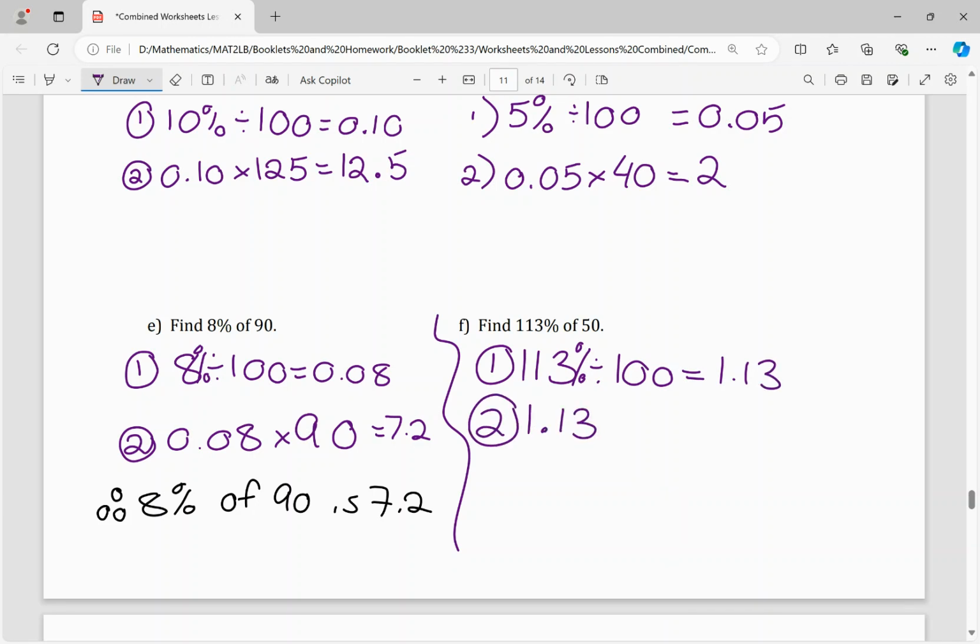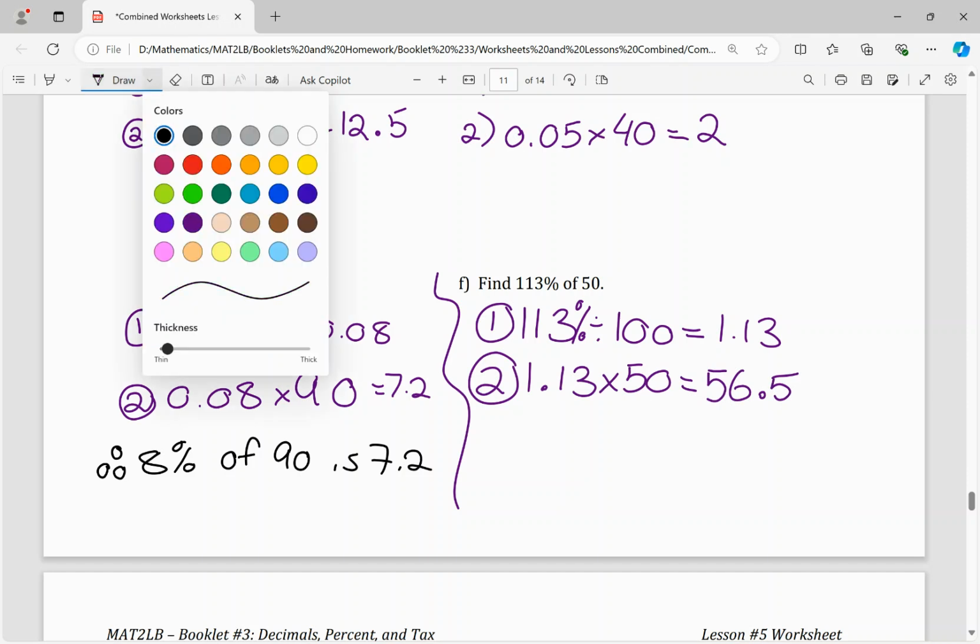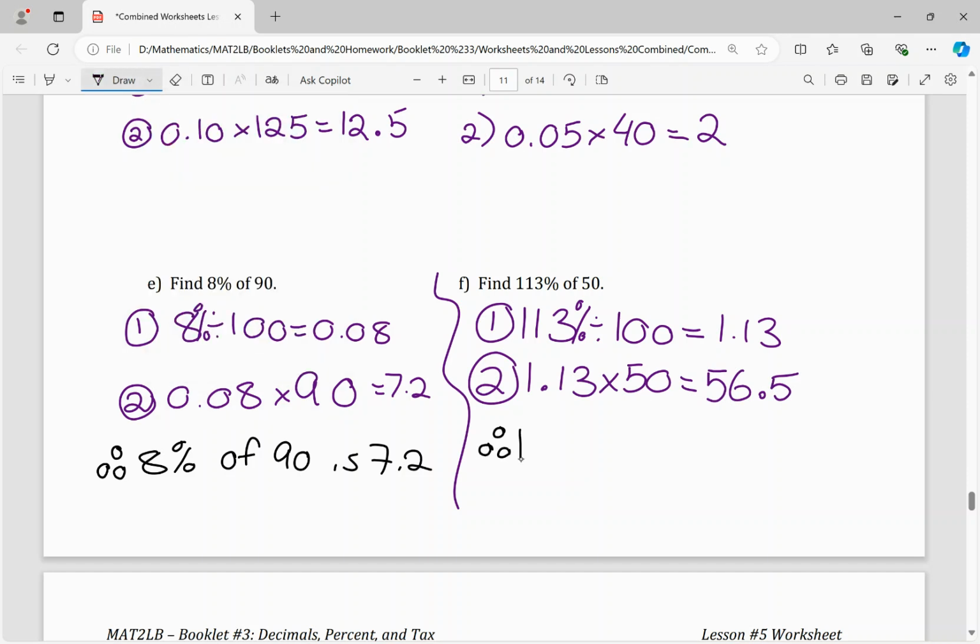Again, despite this number being greater than 1, it is still in decimal form. Times it by 50, and that is going to equal 56.5. So, therefore, 113% of 50 is 56.5.